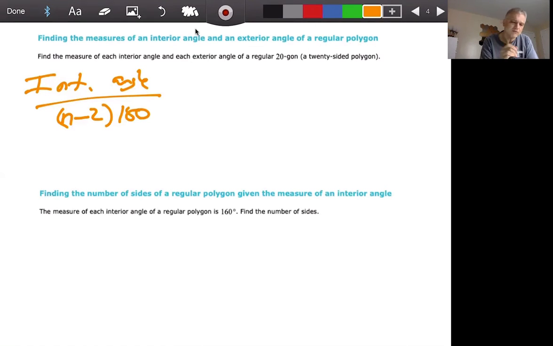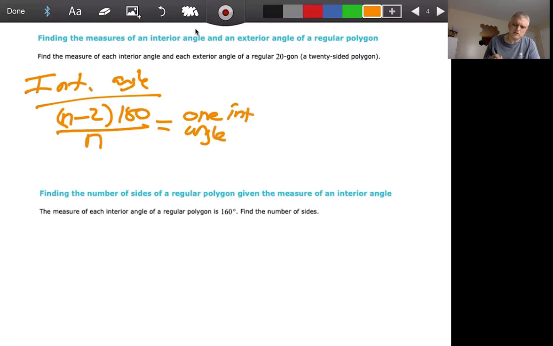But what if this is a regular polygon? Regular just means that all the sides and therefore all the angles are congruent. So that means I have n angles. So if I took n minus 2 times 180 and I divided it by however many sides we've got, that will give me one of the interior angles.